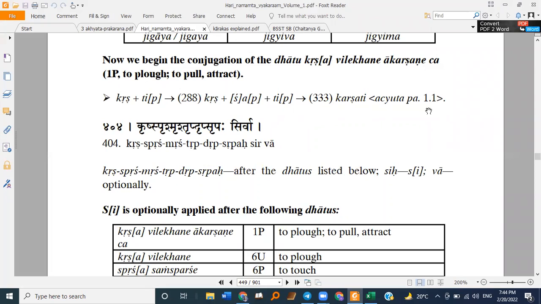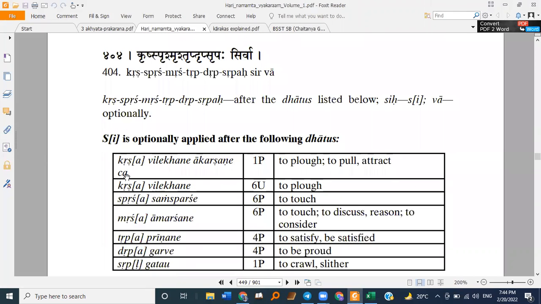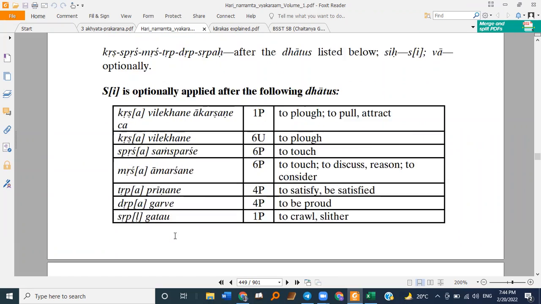And we did start. So krish, sprish, mrish, trip, drip, sripa, sirva. So C is optionally applied after the following dhatus. Krisha vilekhane akarshane cha, krisha vilekhane, sprisha sangsparshe, mrisha amarshane, tripa prinane, dripa garve, sripri gatau.